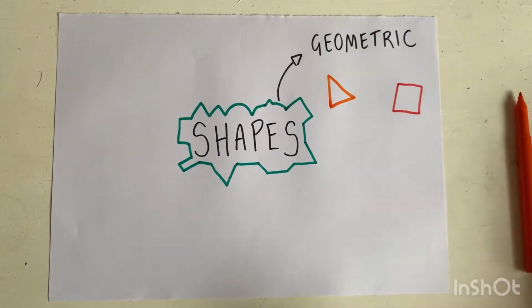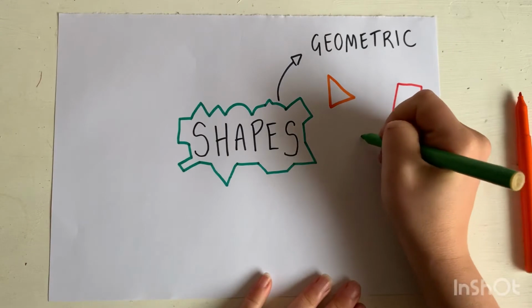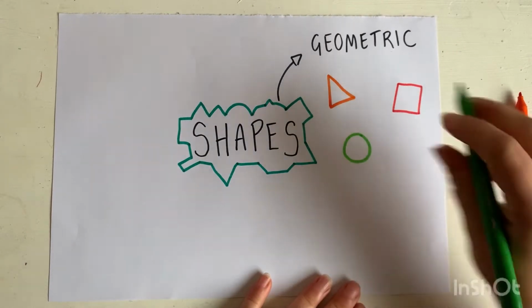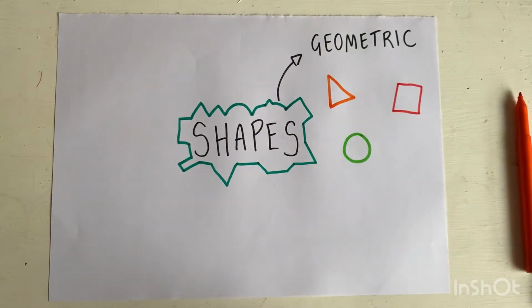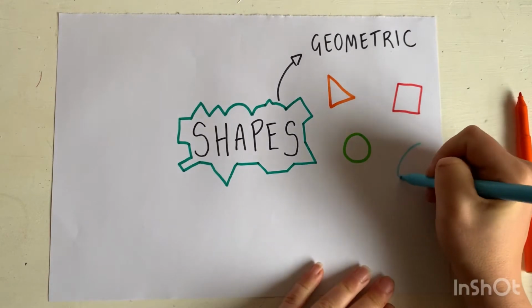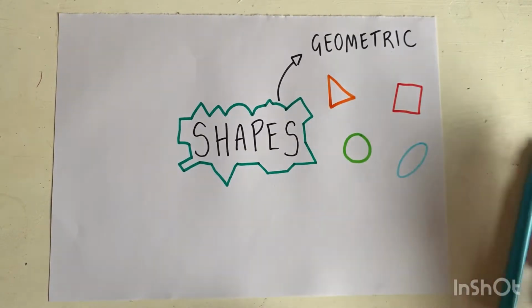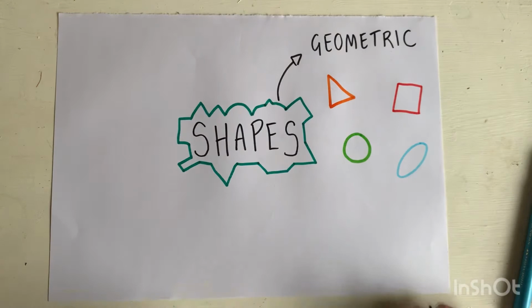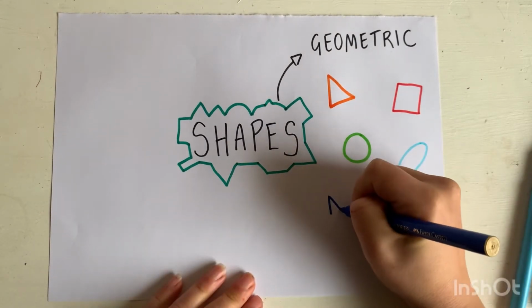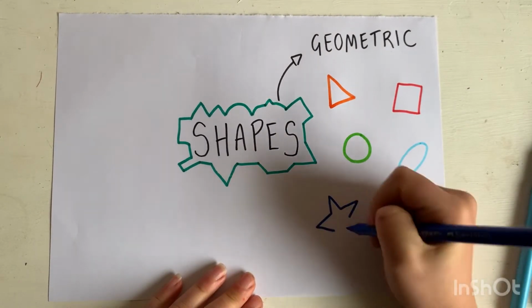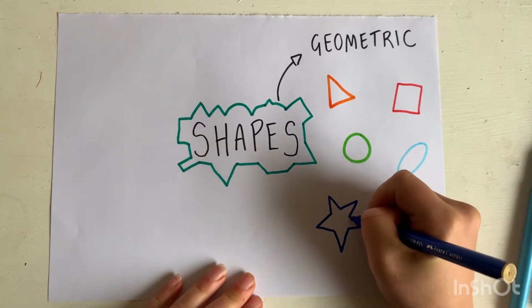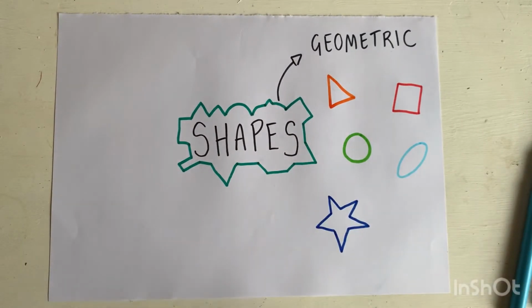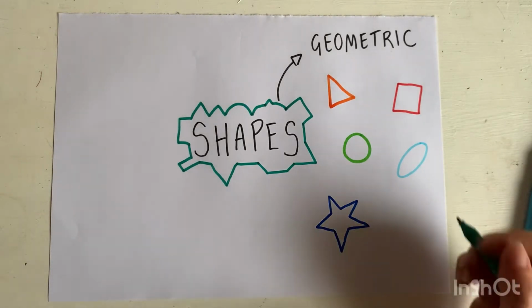Can you think of other ones? A circle. An oval. Guess what this one's going to be? That's right, a star. I wonder how many geometric shapes you could name.